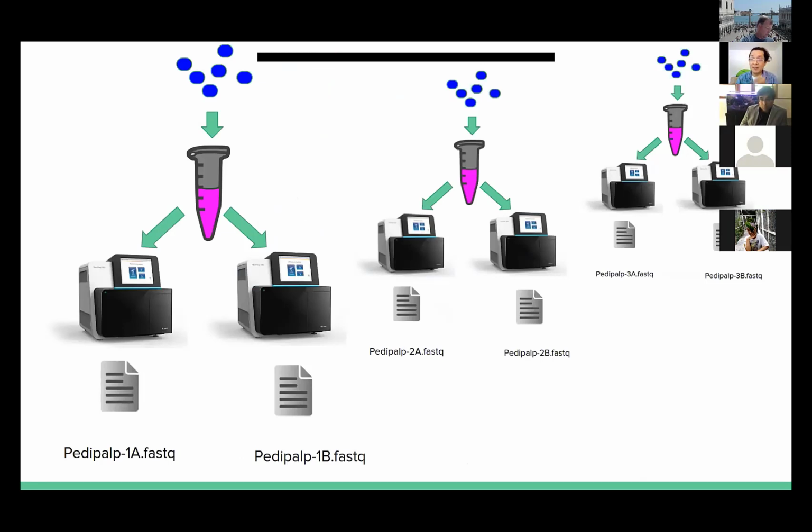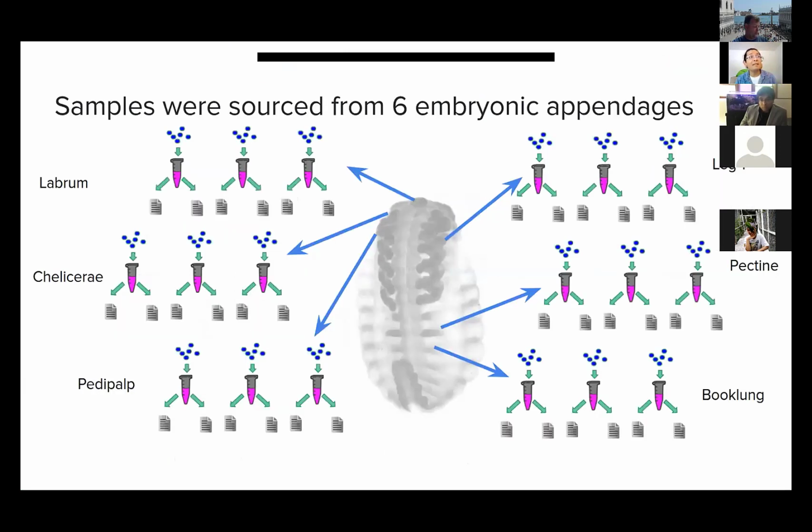So that means that 3 different pooled samples were independently created and extracted, each of these into different lanes. And we repeated this process for 6 embryonic appendages represented here, including from the prosomal appendages, the labrum, the chelicerae, the pedipalp, and walking leg 1. And from the opisthosoma, we dissected the pectine primordia and the book lung primordia.